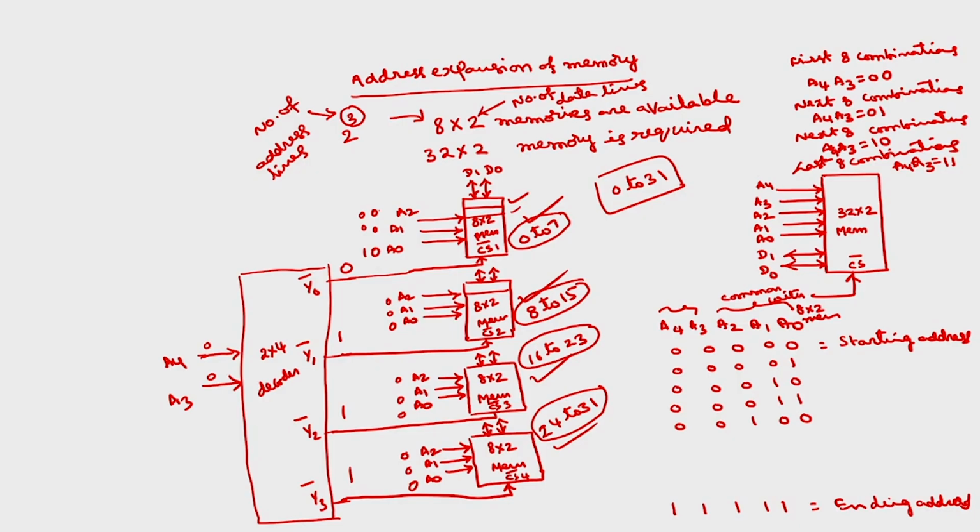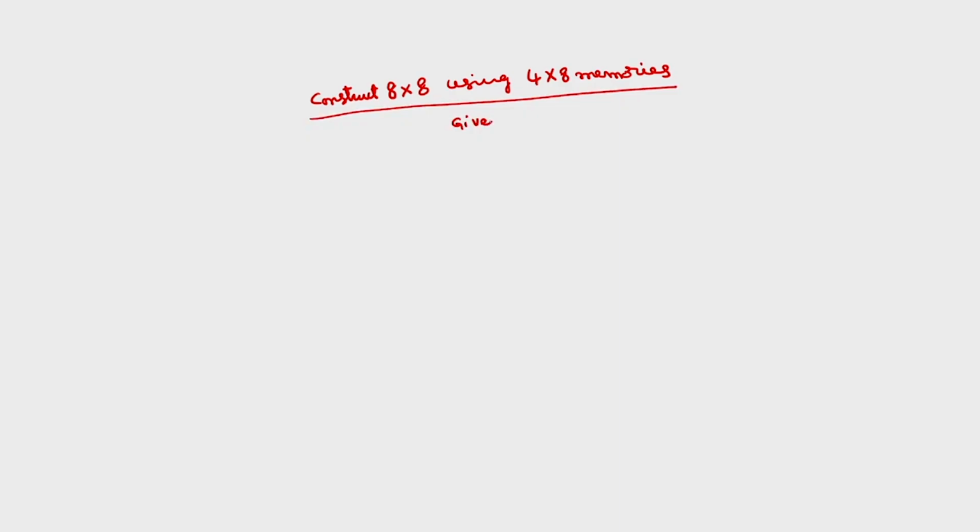If I take another example, suppose I want to construct 8 by 8 using 4 by 8 memory. So, given is 4 by 8, required is 8 by 8.